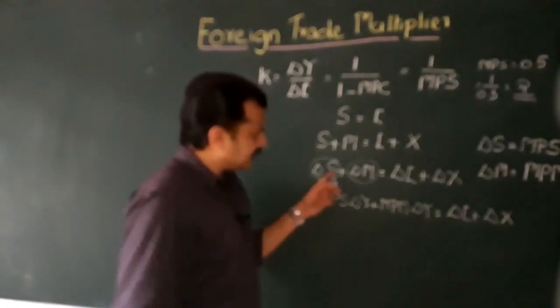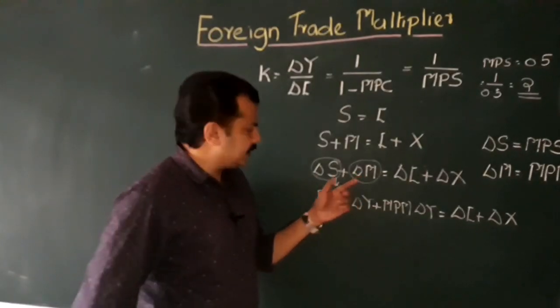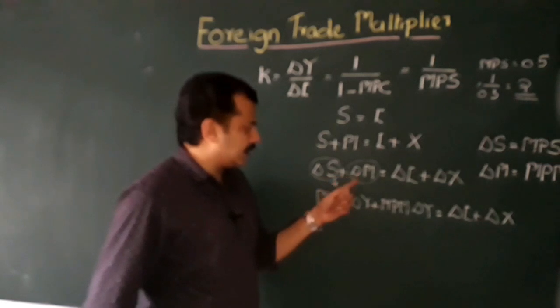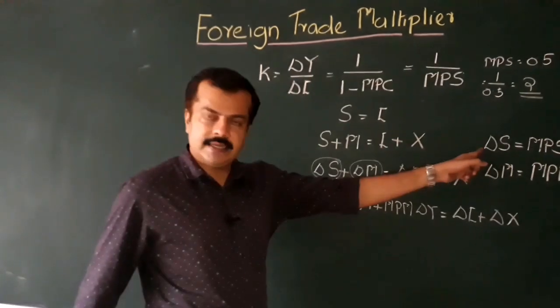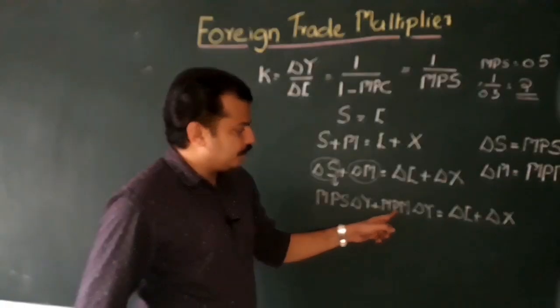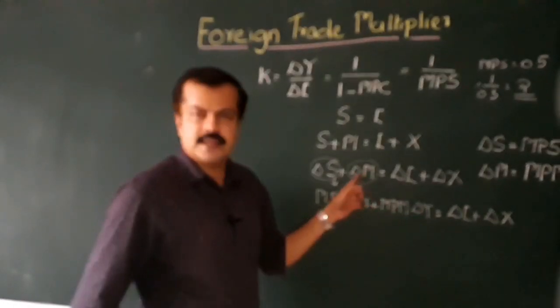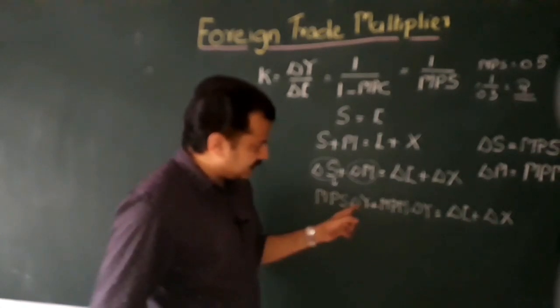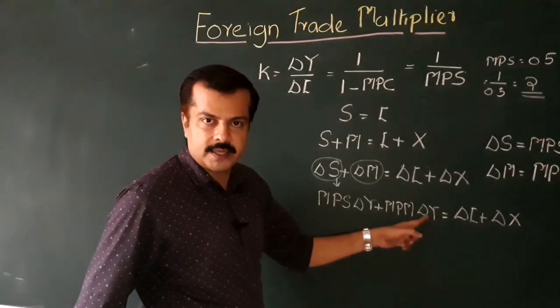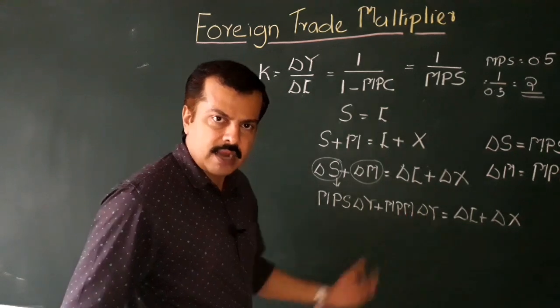Simple thing, we only replace the term delta S and delta M with the marginal propensity to save into delta Y, which is delta S, and marginal propensity to import into delta Y, which is nothing but the changes in import. Now, since delta Y, or changes in income, is a common factor, we can take it as a common factor outside the bracket.